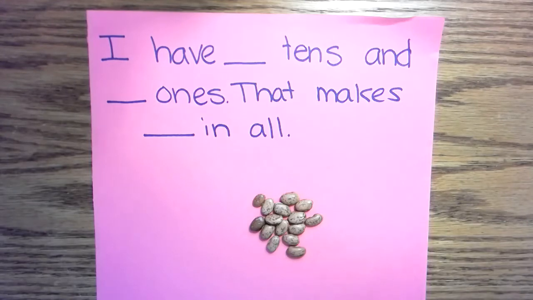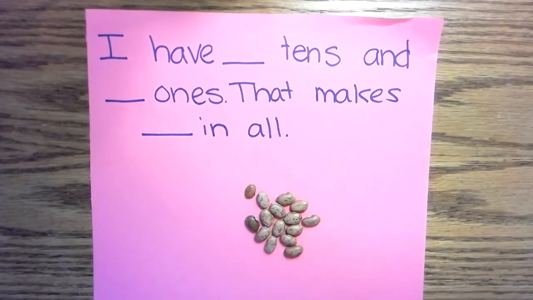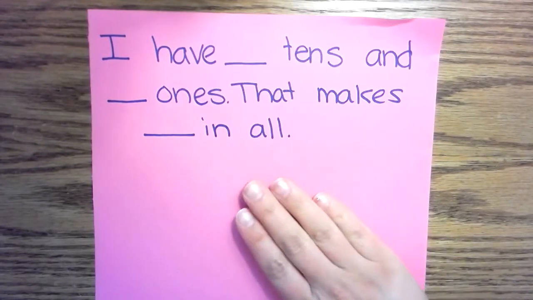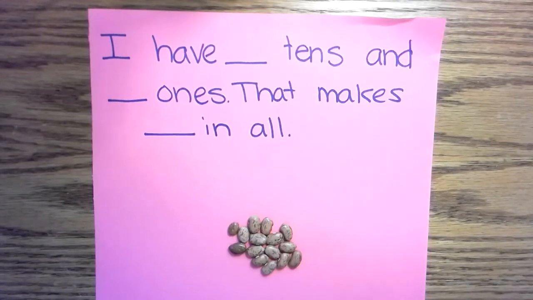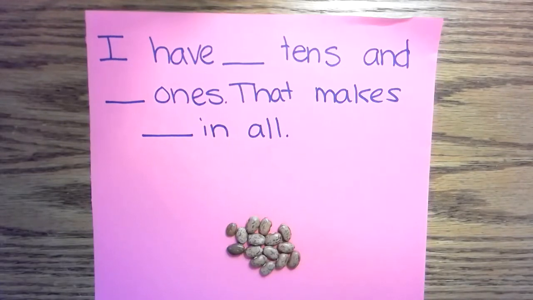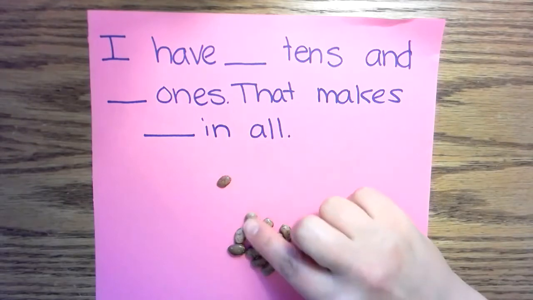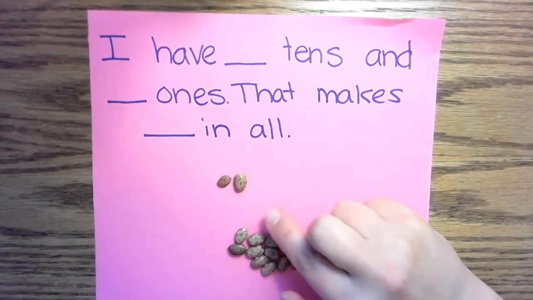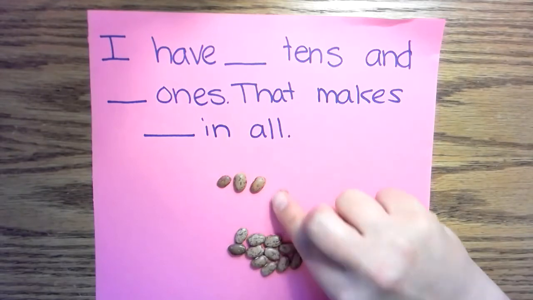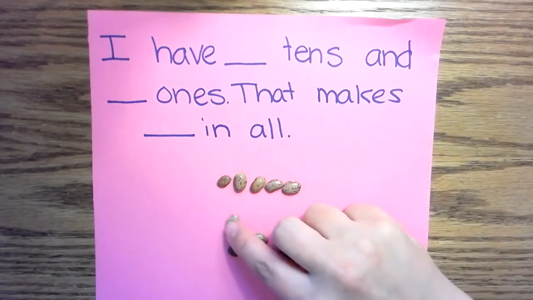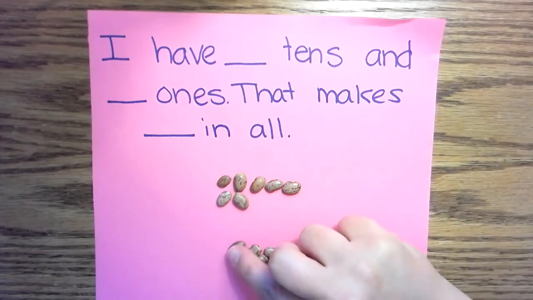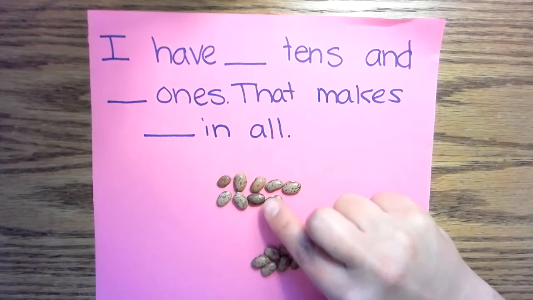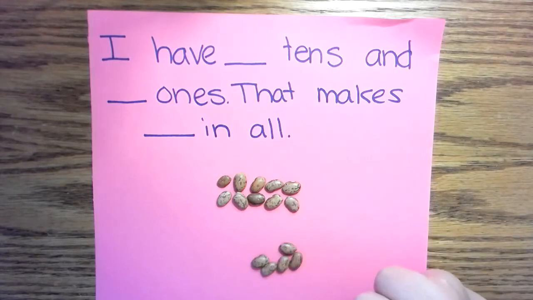So I am going to take some of my beans and count 10 out of my pile. It's going to be the count and scoot method that I use. 1, 2, 3, 4, 5, 6, 7, 8, 9, 10.